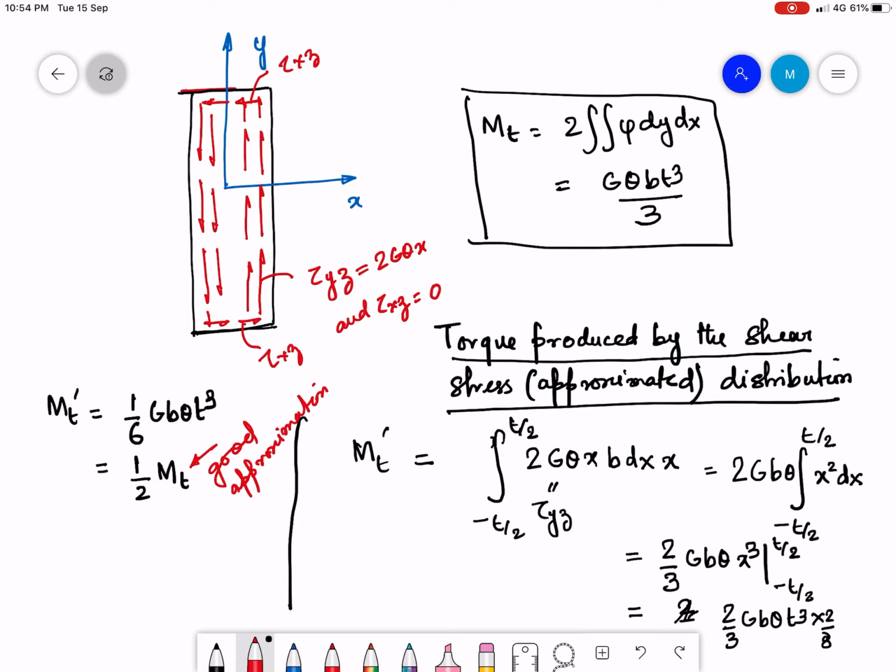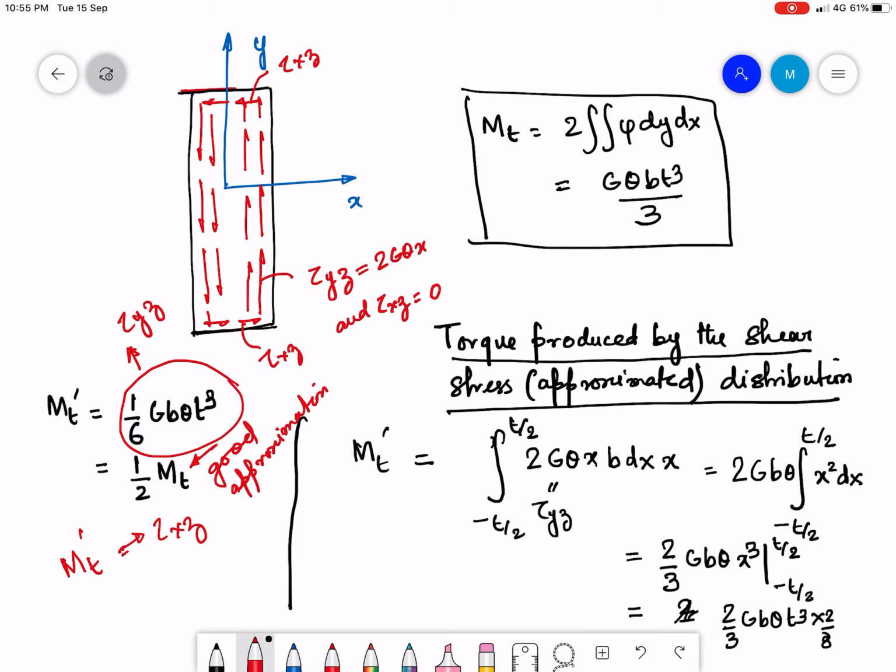Now, this tau x z is acting over a small region near the edges, but though they are acting over a small region, their contribution to the torsional moment or torque is large because of the larger moment arm. Therefore, half of this is coming from tau y z, the other half is going to come from tau x z, which we have neglected because of the approximation that we have done.